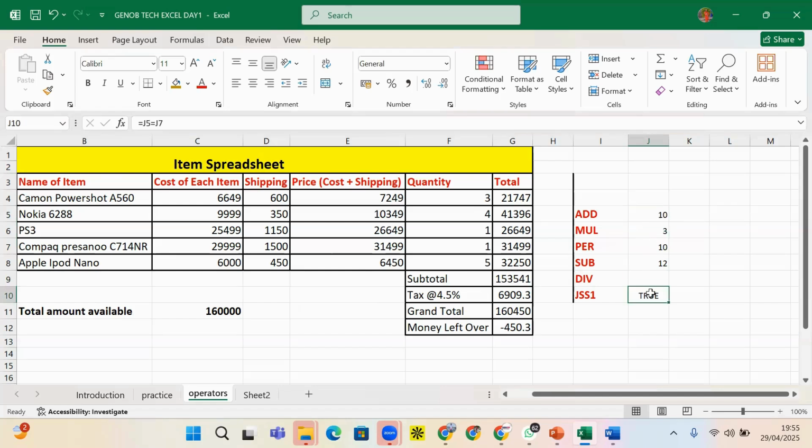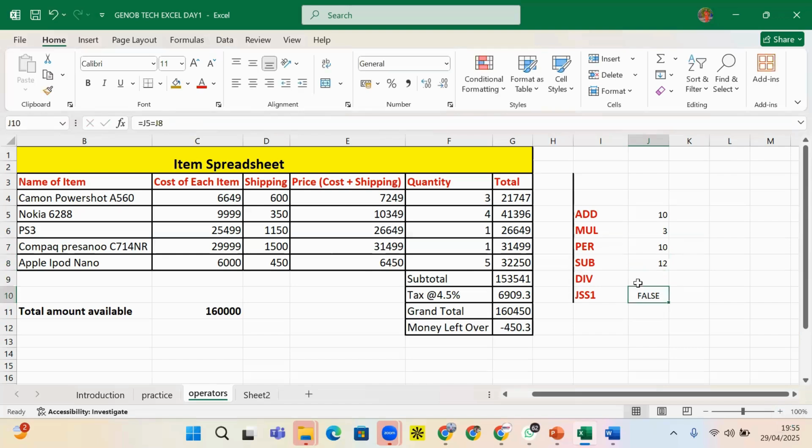This is J5, J7. So let me enter J8 instead and see if it will still be true. It's false, right? This is J8. So it's saying 10 and 12 are not equal. So definitely it is false.